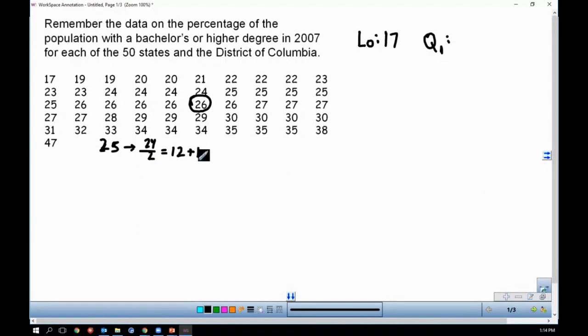Add 1, you get 13. So count 13 from the beginning. That's Q1. So Q1 is 24. The median is 26.